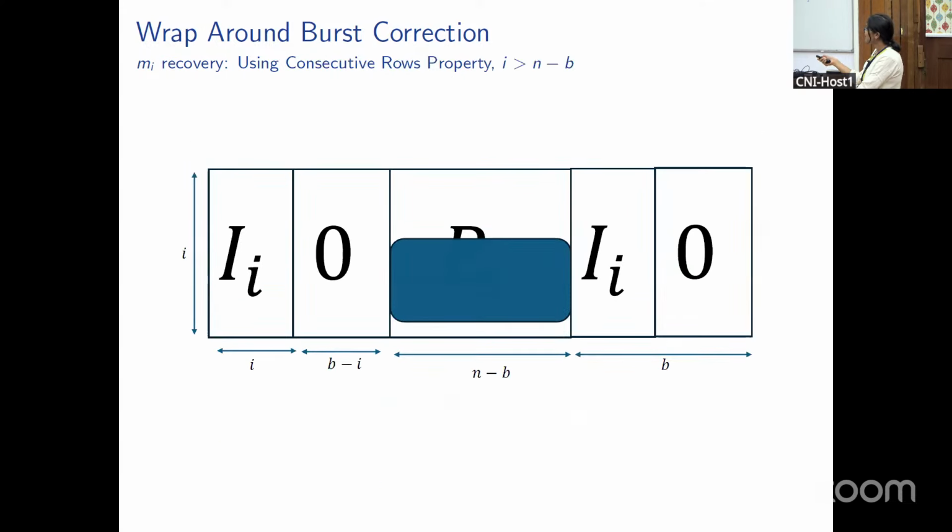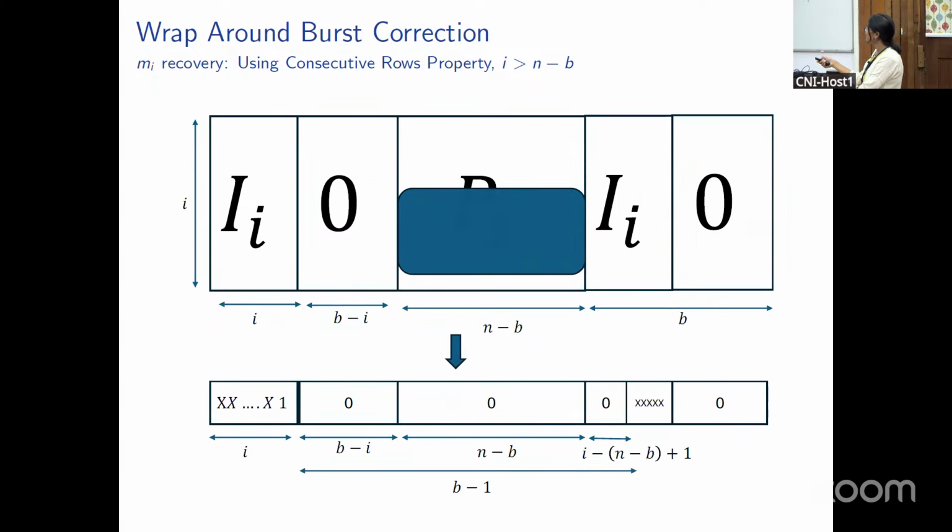And this is just again a special case where we want a stretch of b minus 1 zeros, and this i itself could be larger than n minus b. In that case, we can use this consecutive rows property. Again, we can pick the last n minus b consecutive rows and cancel out all the 0 terms that we are seeing here and get a stretch of zeros. And here we already have a stretch of zeros available to us because we are only looking at b zeros.